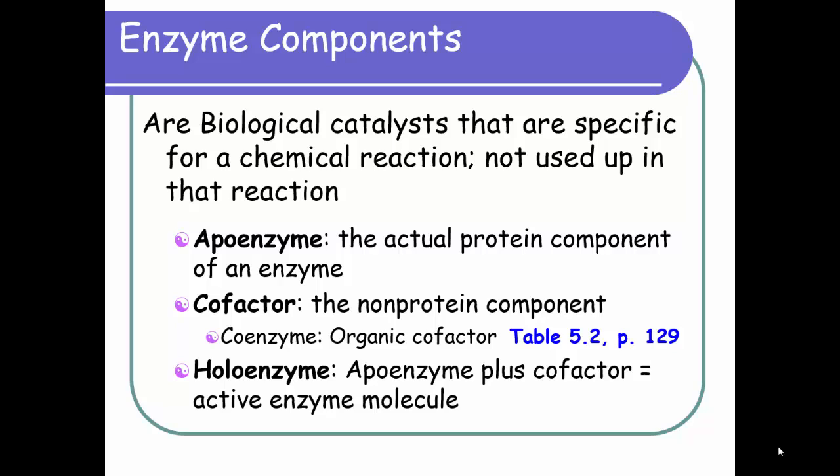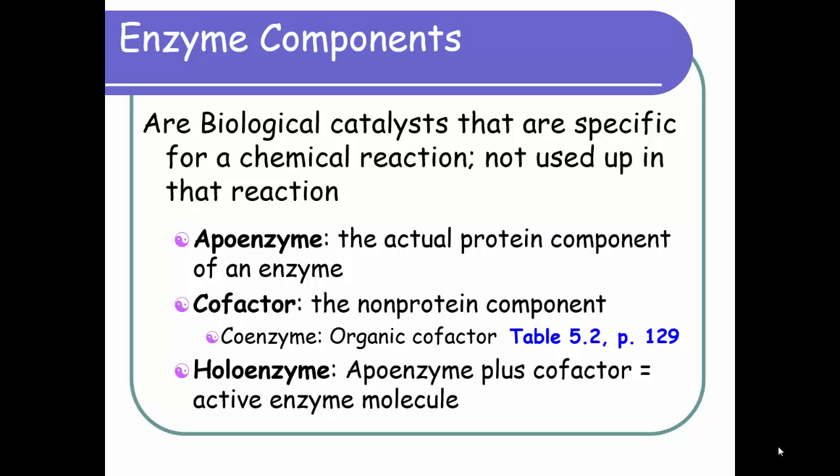Most of our enzymes actually exist in what we call the apoenzyme form. This is the actual protein component of the enzyme. Most of the time we will need some sort of cofactor or coenzyme that will combine with the apoenzyme to create a holoenzyme, which is the active enzyme molecule that will cause a chemical reaction to occur.